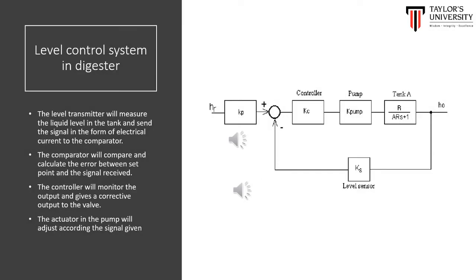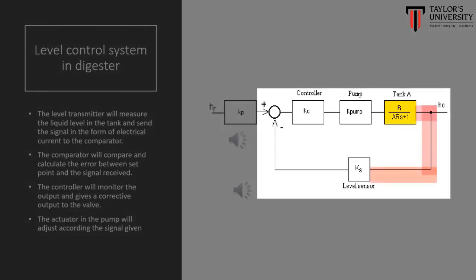This is one of the example process flow diagram for level control system in digester. The level transmitter will measure the fluid level in the tank and send a signal in the form of electrical current in milliampere to the comparator.